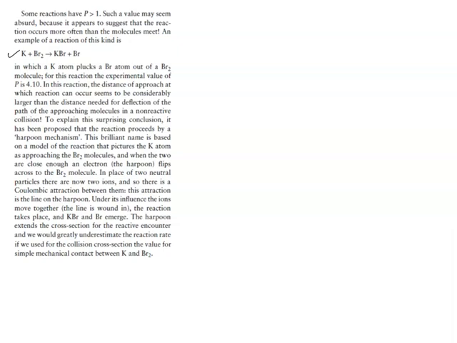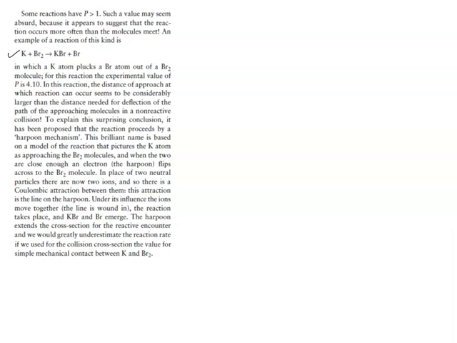To explain the surprising conclusion, it has been proposed that the reaction proceeds by a harpoon mechanism. This brilliant name is based on a model of a reaction that pictures the potassium atom as approaching the bromine molecule, and when the two are close enough, an electron, the harpoon, flips across to the bromine molecule. In place of two neutral particles are now two ions, so there is a Coulombic attraction between them, and this attraction is the line of the harpoon.